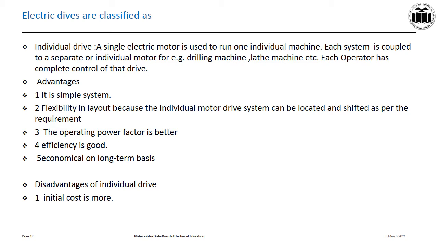Each operator has complete control. It has the following advantages: it is a simple, flexible system, so it can be shifted from one place to another. Power factor is very good, efficiency is good, and it is economical on a long term basis. The only disadvantage is that it is a costly one.